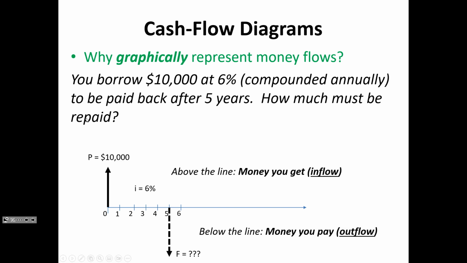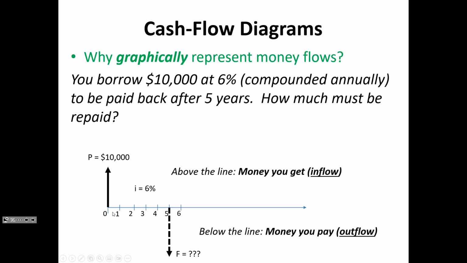So this is illustrating that today you're getting $10,000 and it's a solid line, meaning that we know the magnitude of the amount. You can see it's labeled as present, and then the amount that we would have to pay is 5 years from now.